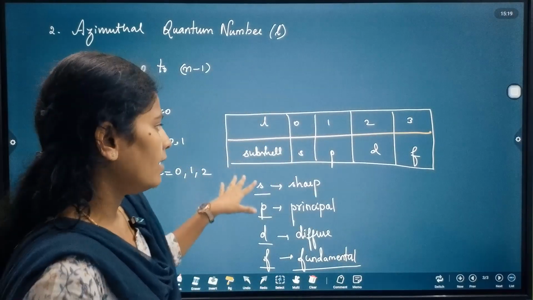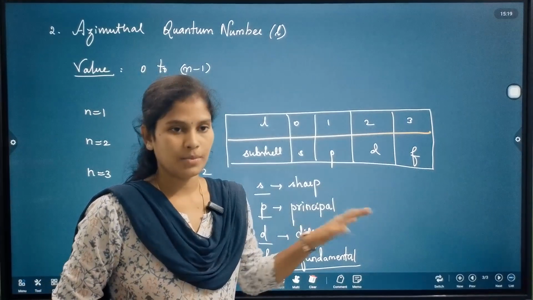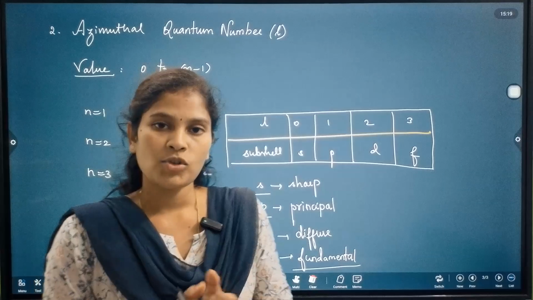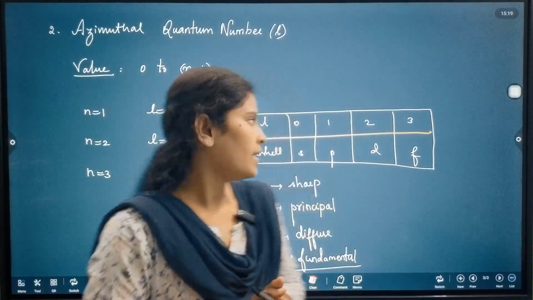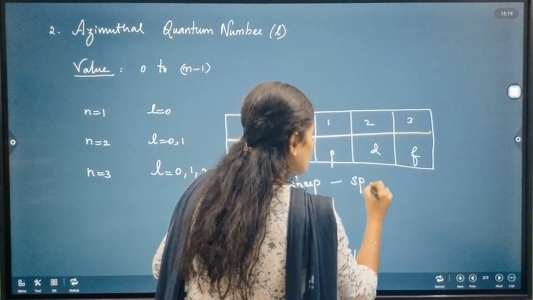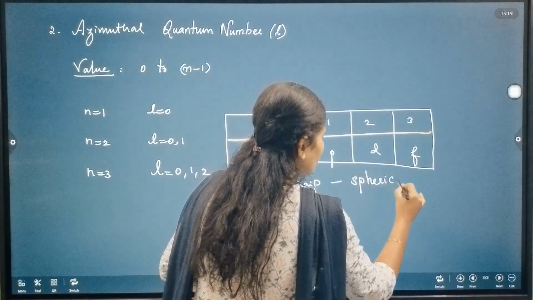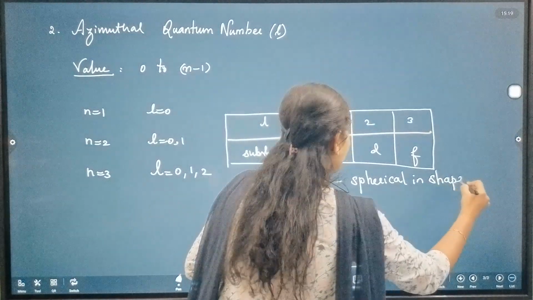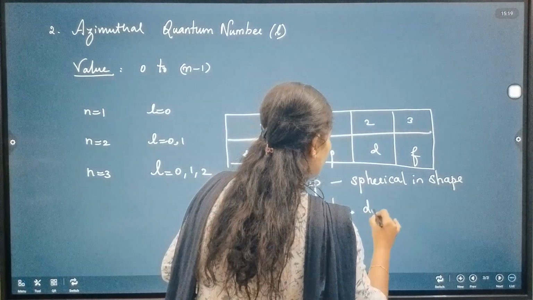And if I know the L value, I can say the subshell. Okay, I know the subshell. What is next? Each subshell has a different shape. Here, s is spherical and also symmetrical. What about p? It is dumbbell shape.